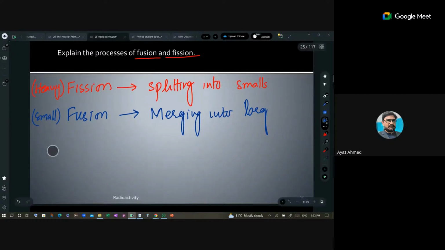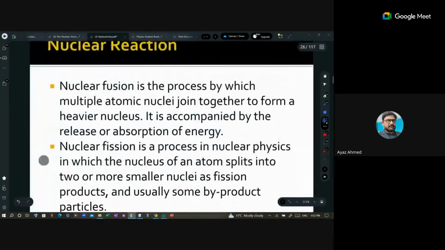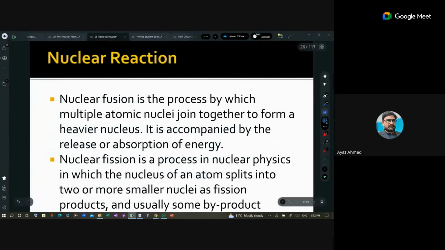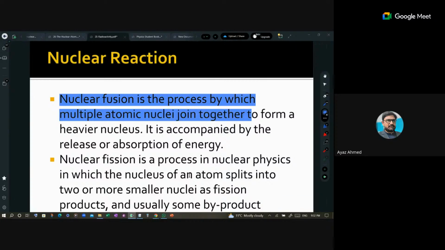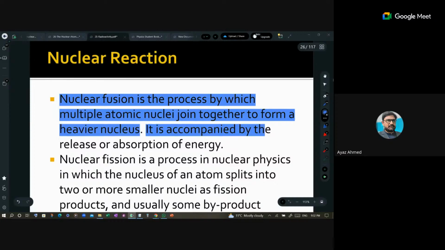So just go through the topic. Nuclear fusion is the process by which multiple atomic nuclei join together to form a heavy nucleus. It is accompanied by a release or absorption of energy.